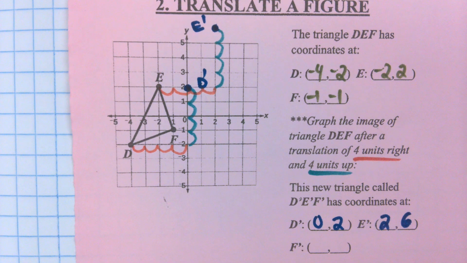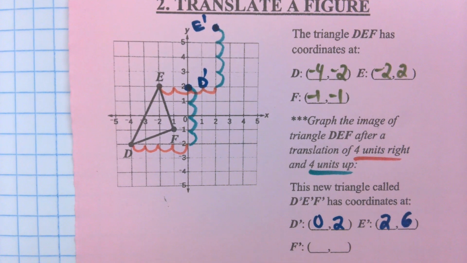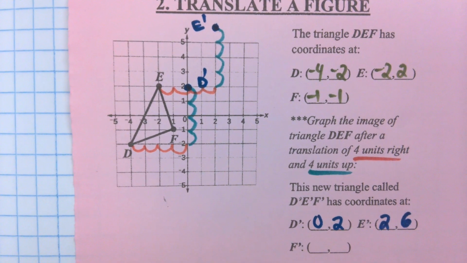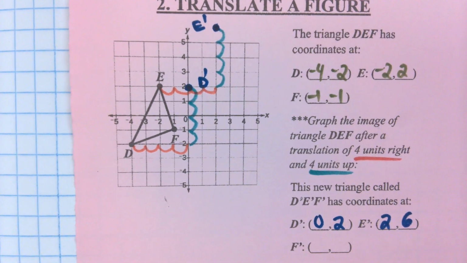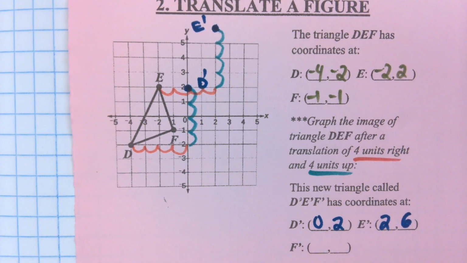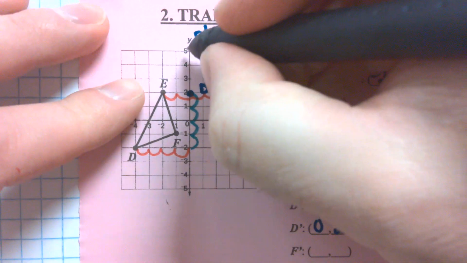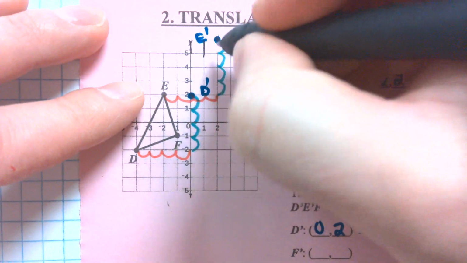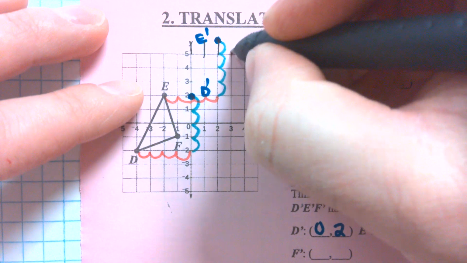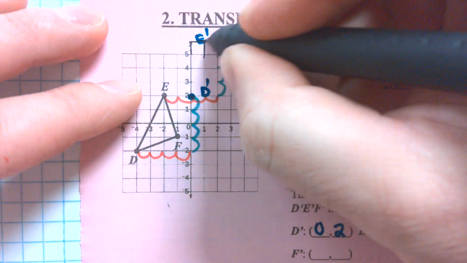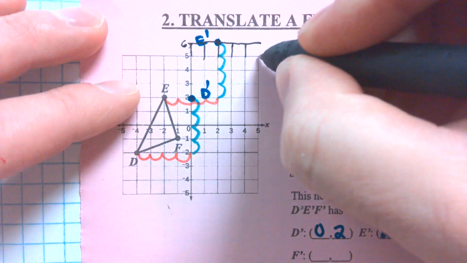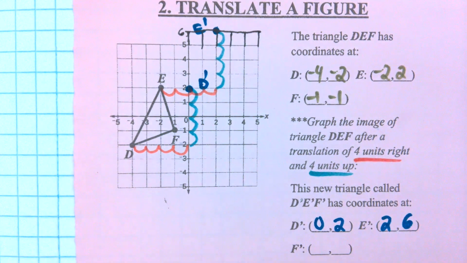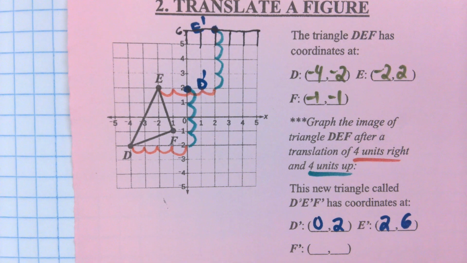I know you can't see it, but it's up at 6. It's my bad, I gotta fix that. There, I've extended my graph just a little bit.